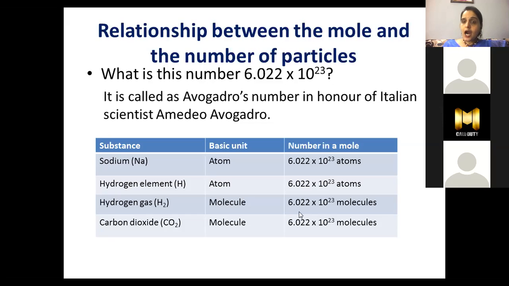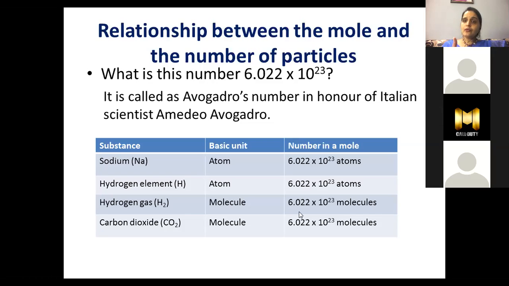Similarly, if I take the hydrogen element, its basic unit is an atom, so 1 mole of hydrogen element will have 6.022 into 10 raised to 23 atoms of hydrogen.